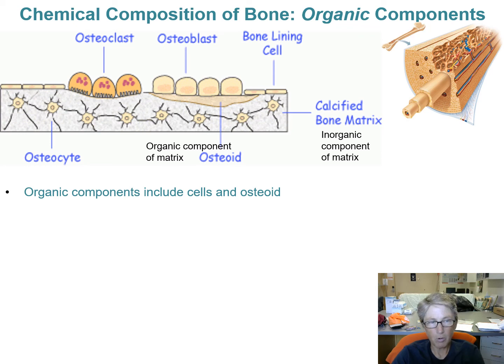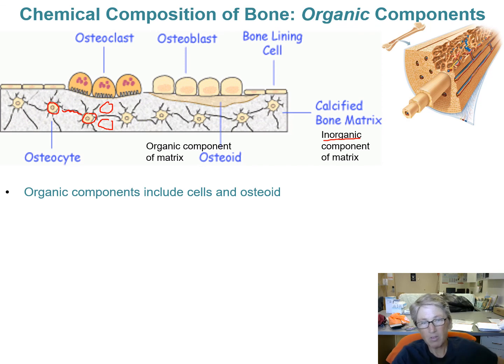So here's a cartoon, just shows a piece of bone. Here's the osteocyte in their lacuna, and then the osteocytes are communicating with each other via these canaliculi. And then they all live in this bone matrix, so all of this is bone matrix, and it's calcified. That means it's got calcium in it. And the calcified bone matrix is the inorganic component of matrix.